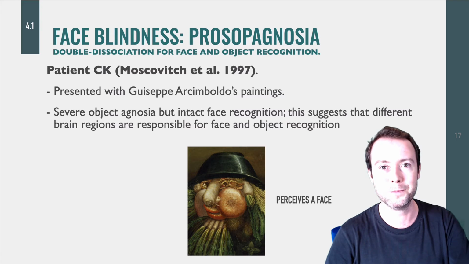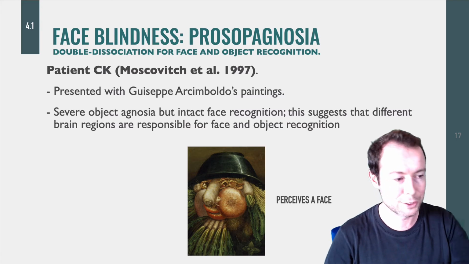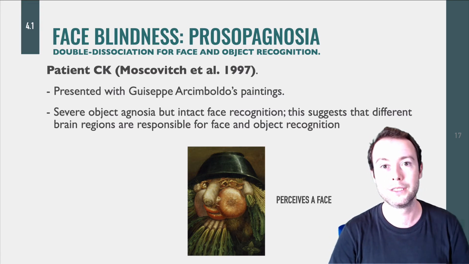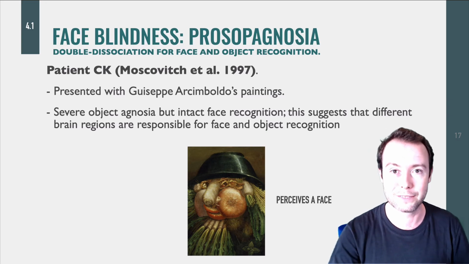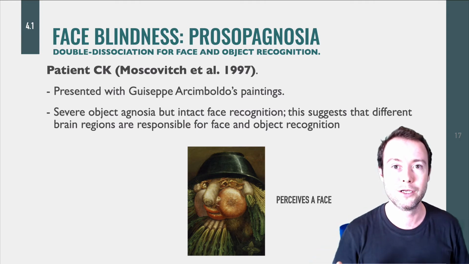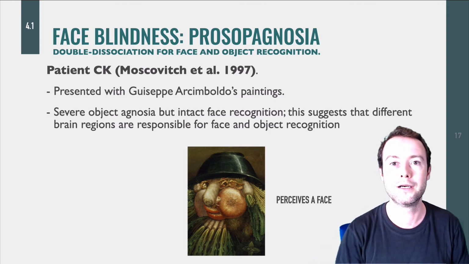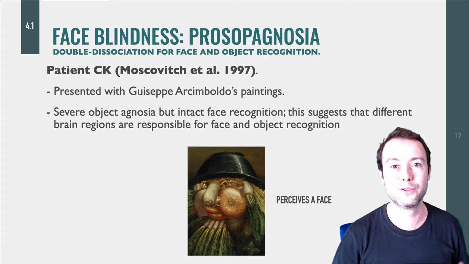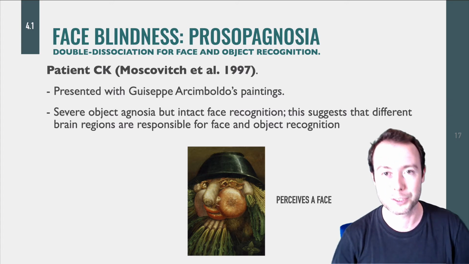There's also some interesting evidence that he was very poor at processing inverted faces, even worse than you and I would be. Inverted faces, when they're upside down, are obviously challenging, though we find it only slightly difficult. He would find it nearly impossible.